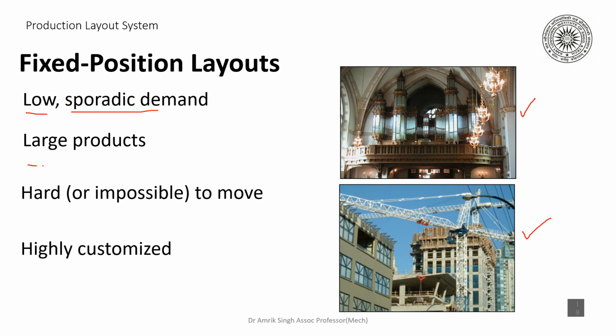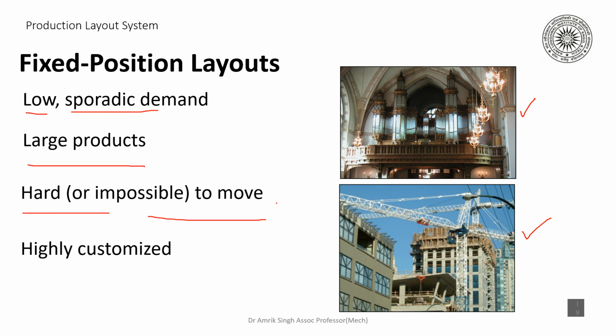So the products are large in size, very big products, and for those products which are impossible to move. So you cannot make a house in the shop and then move it to the site. It is difficult.